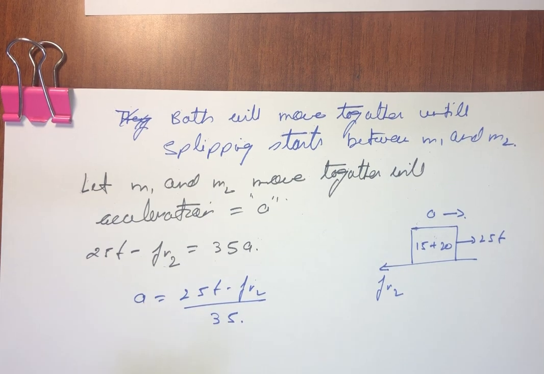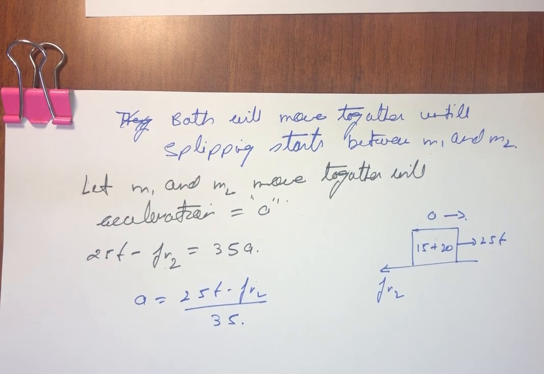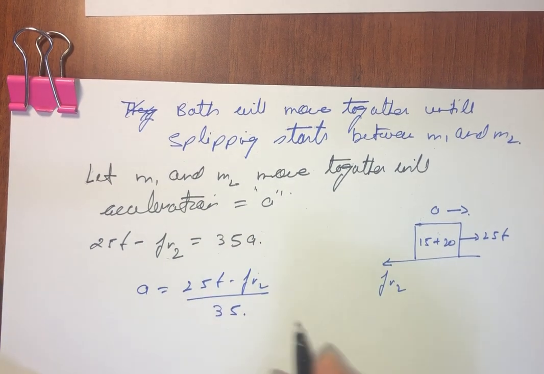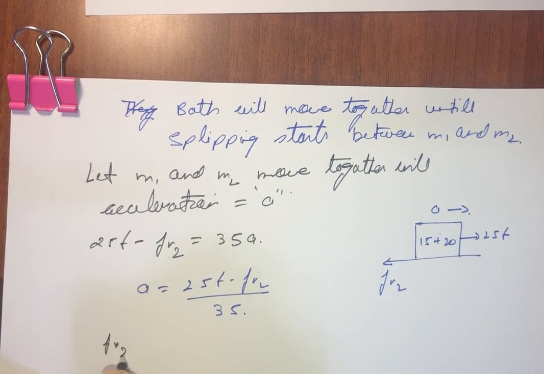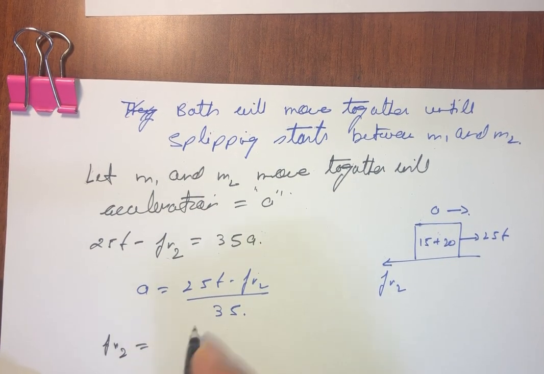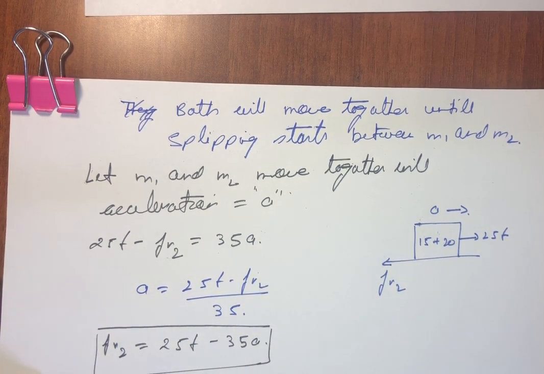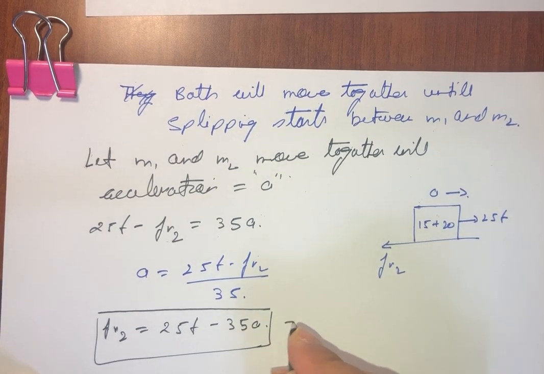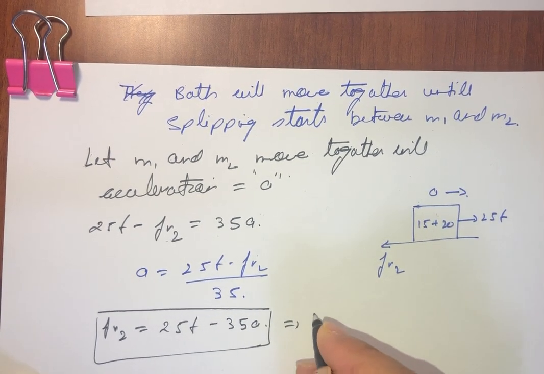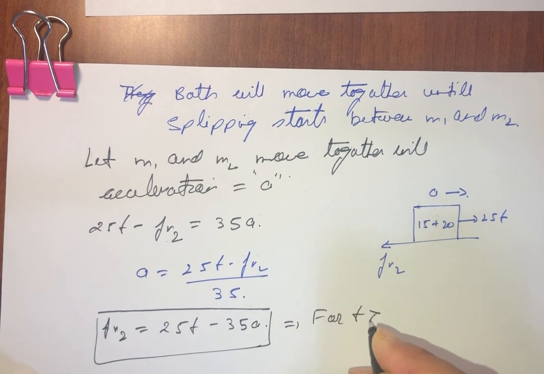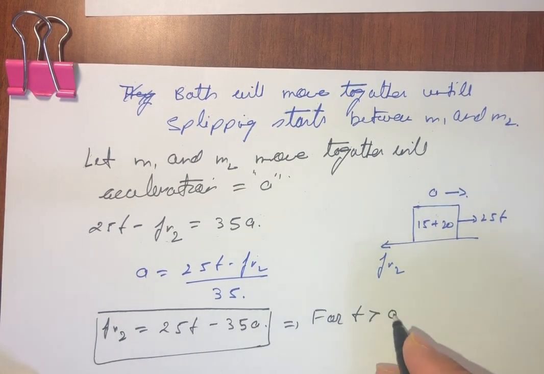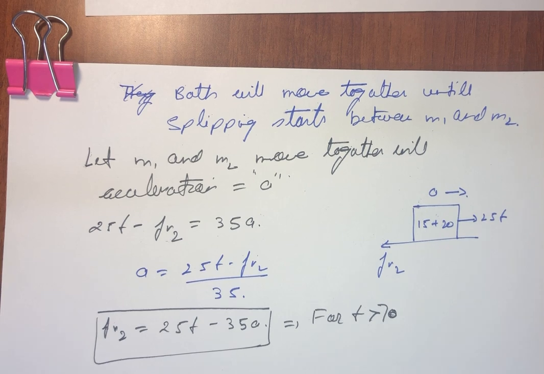From here we can also write the equation for FR2. FR2 will be equal to 25T minus 35a. This equation is for t greater than 0, sorry, t greater than 7.